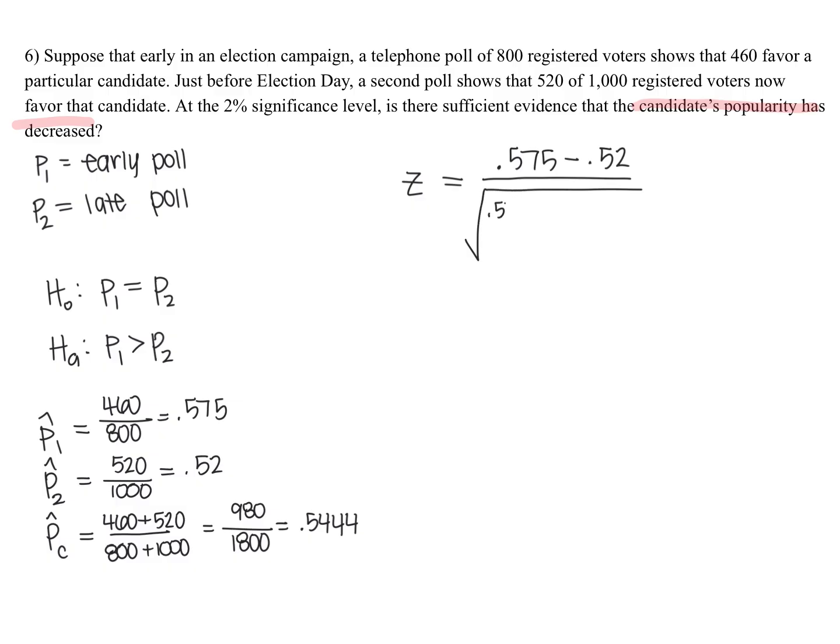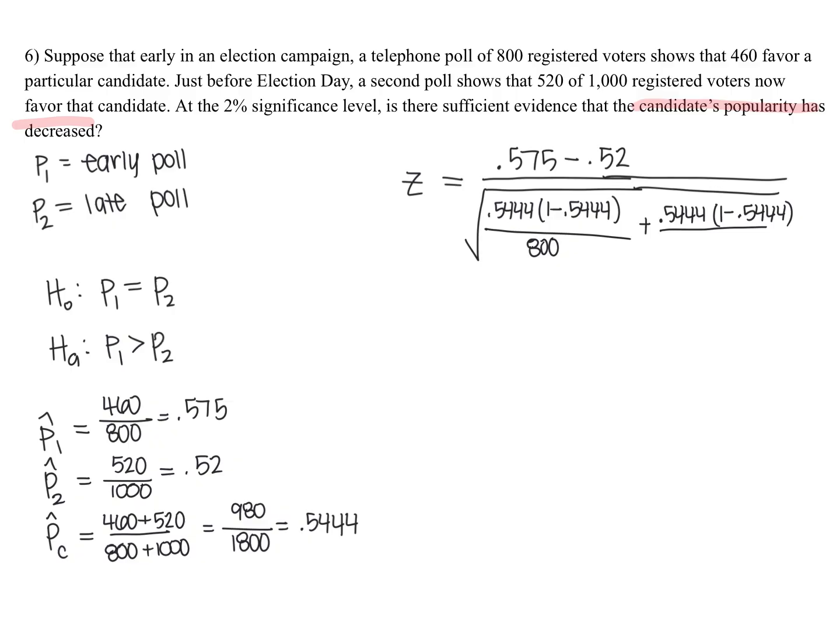So 0.5444 times 1 minus 0.5444 over its sample size, 800, and then we do the same thing for the second sample size. So 0.5444 times 1 minus 0.5444 all over 1,000.